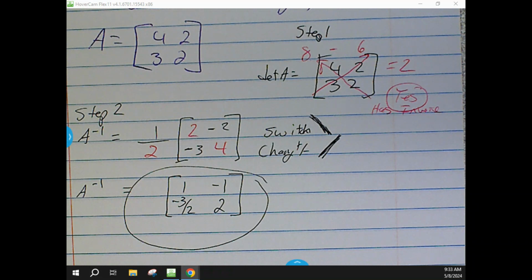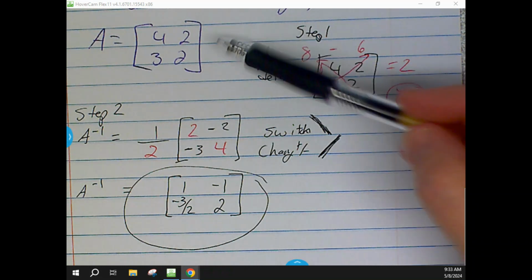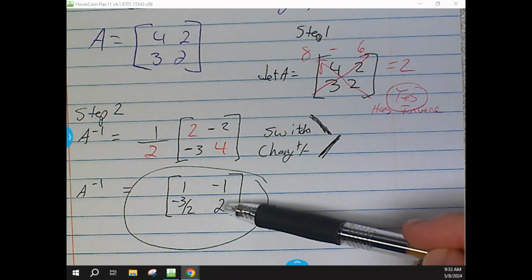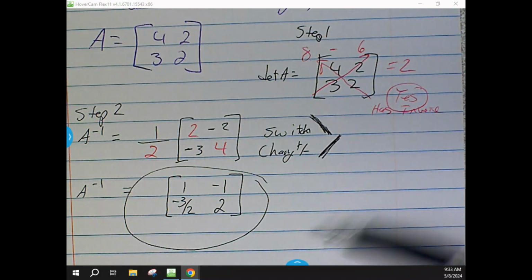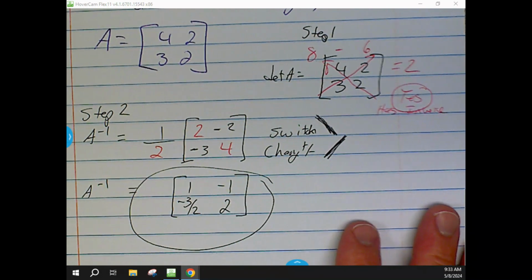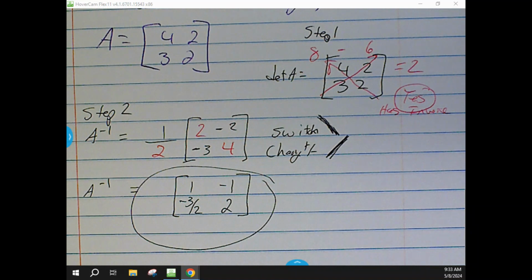And again, the whole thing of what we're doing is if we took this matrix, multiplied by this matrix, in the end, we'd get the ones on this diagonal, and zeros everywhere else. Okay, again, not hard, a little tedious, absolutely. Is it the worst thing in the world? Probably not. Is it a little annoying? Yeah, it is. That's why we have our partners.